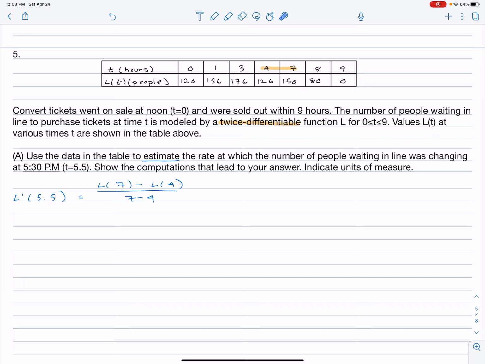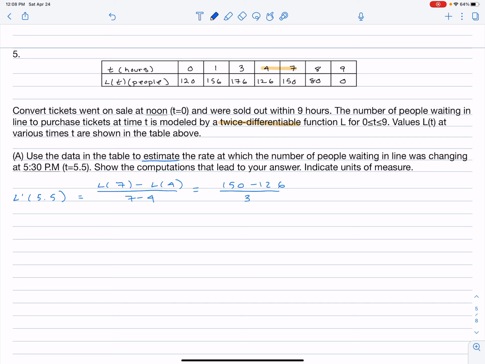I'm going to say L prime is about that. Again, is it perfect? No, but it's an estimate, which is all they're asking for. So in this case, we get L of 7 is 150, L of 4 is 126, and 7 minus 4 is 3.